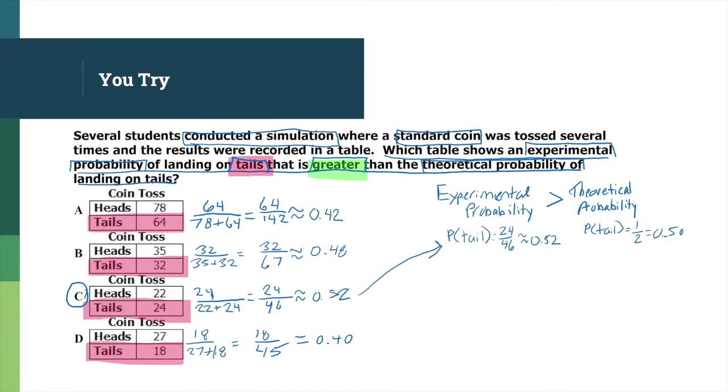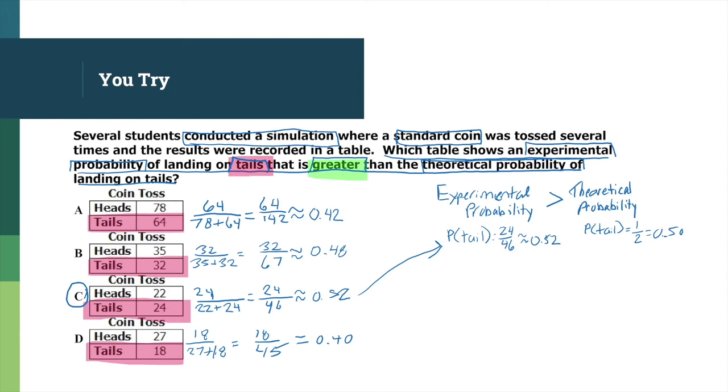So for this question, we have several students who conducted a simulation where a coin was tossed several times and they recorded their results. Which table shows an experimental probability of landing on tails as greater than the theoretical probability? So we're comparing two probabilities. For each answer choice, we identify the probability of landing on tails. Our formula is the number of favorable outcomes divided by the total number of trials.